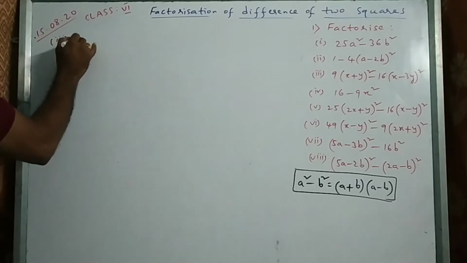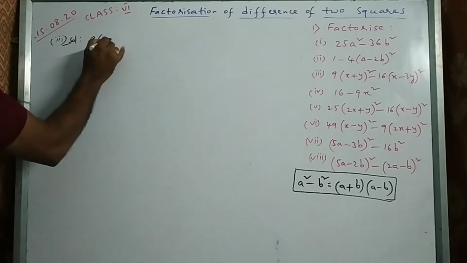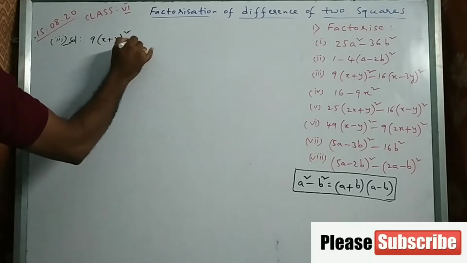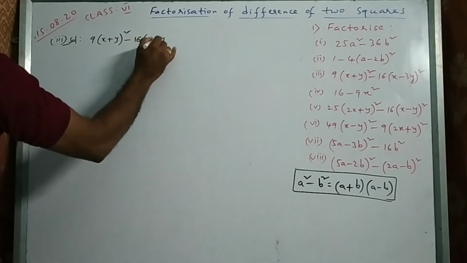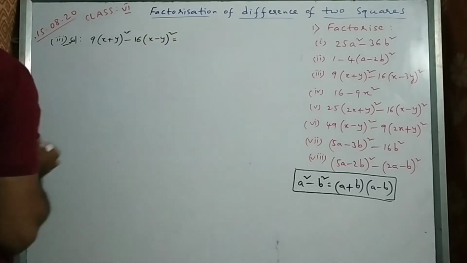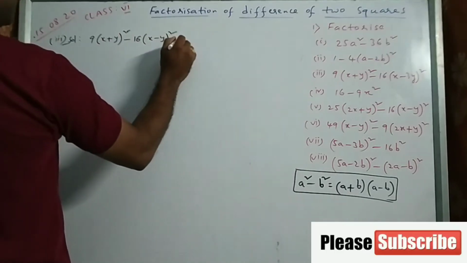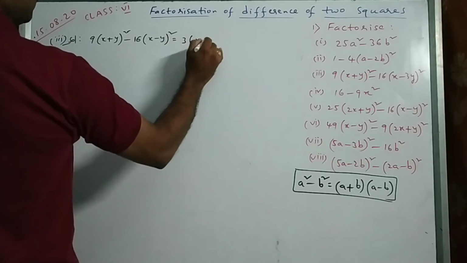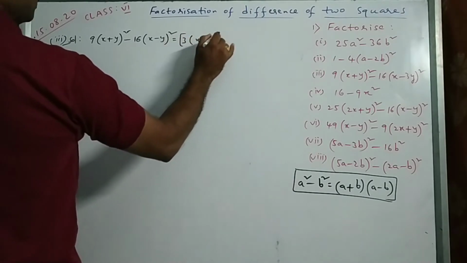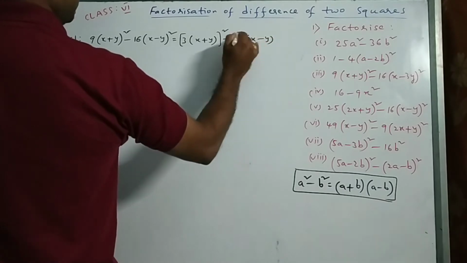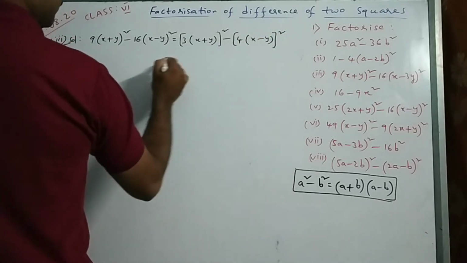Third solution, 9 into x plus y whole square minus 16 into x minus y whole square. 9 is a perfect square and 16 also a perfect square. So you can write 3 of x plus y whole square minus 4 of x minus y whole square.